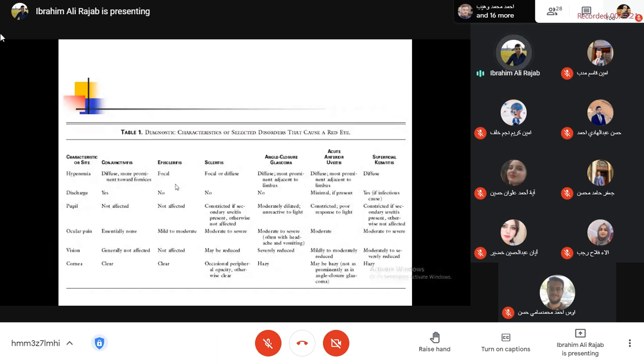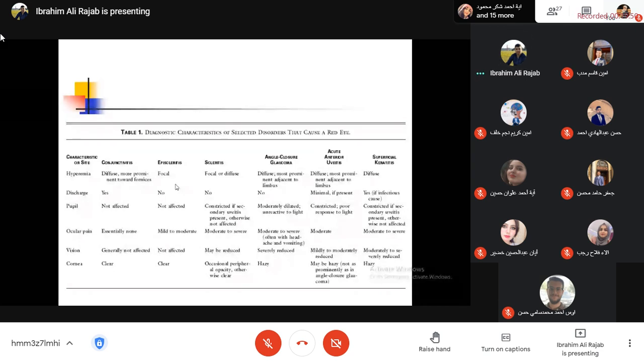When you shine the light in front of the eye, the pupil will not react, and it will be in a mid-dilated position. So a non-reactive pupil in mid-dilated position in patients with red eye, and you examine the intraocular pressure, you will see the IOP is high. So these patients have acute angle closure glaucoma, which will present with red eye, pain, blurred vision.